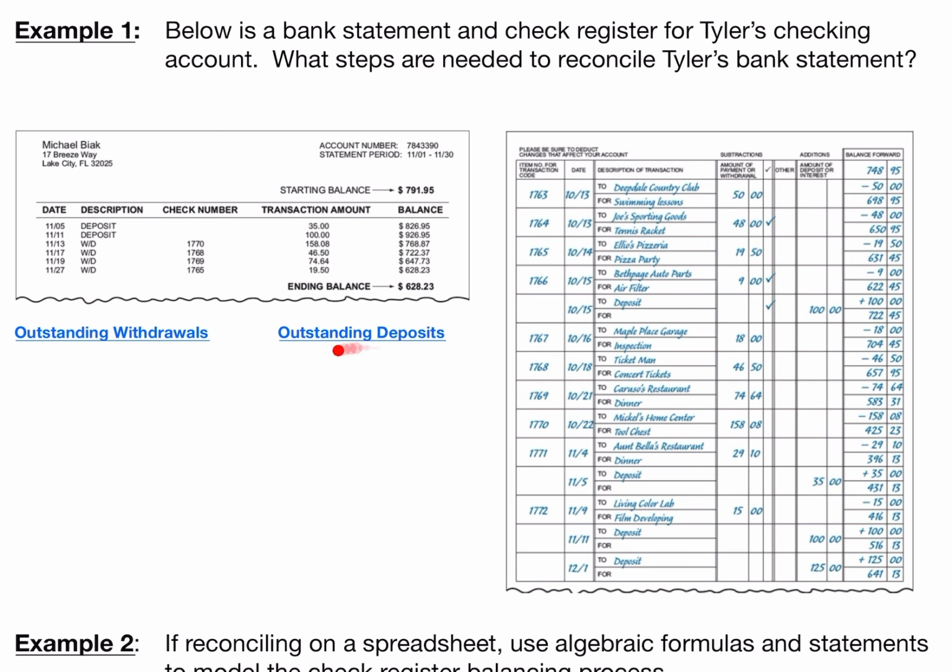So deposits you've made into your account, which you've noted in your check register, but are outside of the statement period. Okay, so if we take a look at your check register, we know that this is your check number, the date of the transaction, the description of the transaction, and the amount, whether it's a withdrawal or a deposit.